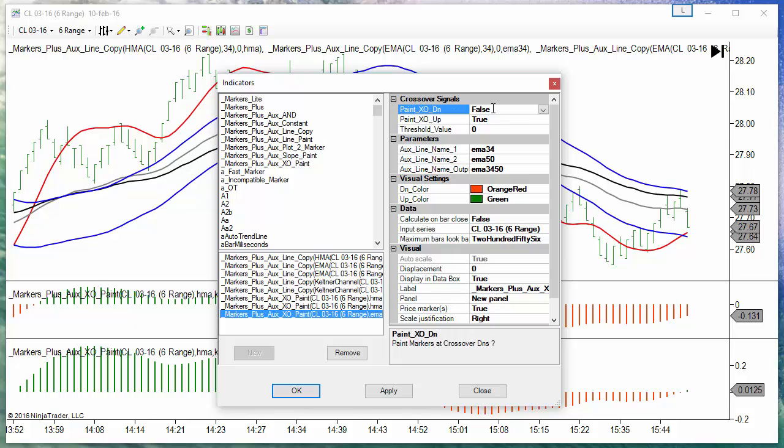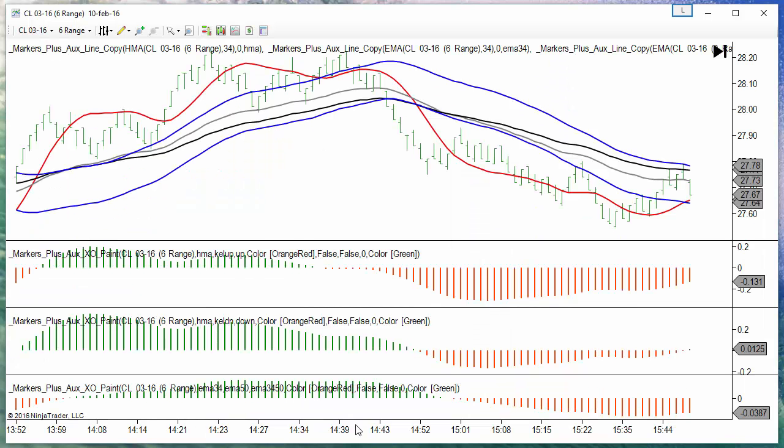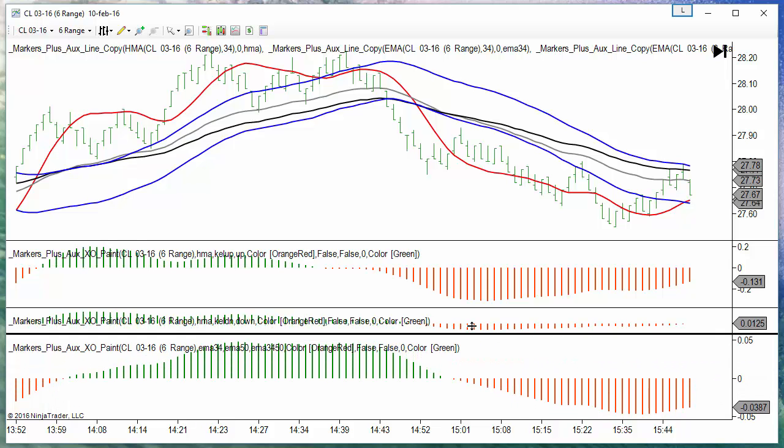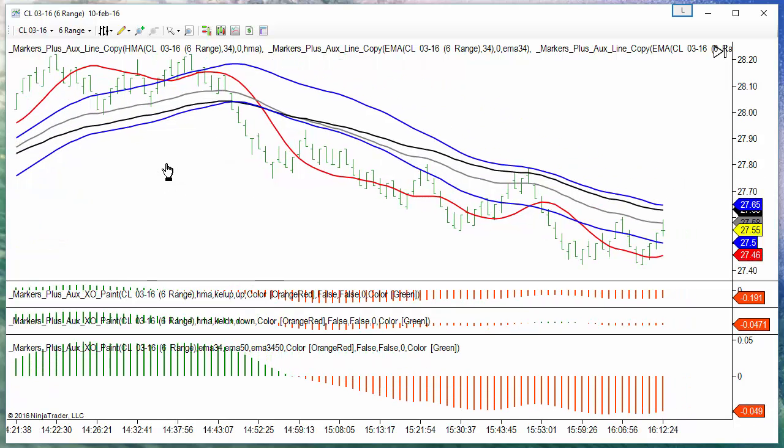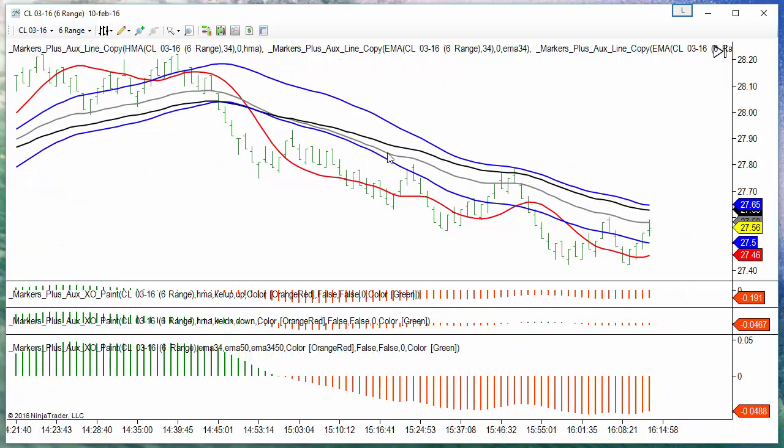I also don't want crossover signals. Now when this is positive, green, the gray line is over the black. When it is negative, the gray line is below the black.